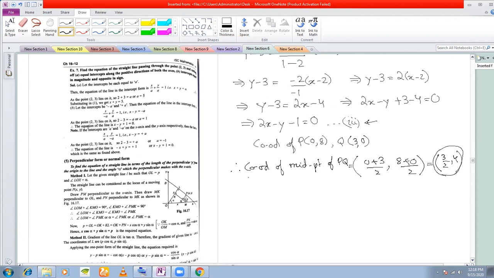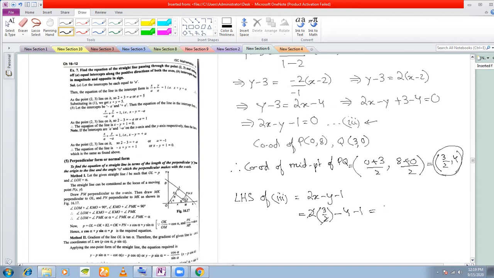We'll put it in the LHS of this equation 3 and check whether we are getting 0 or not. So LHS of 3 is equal to 2x minus y minus 1. So twice x is 3 by 2, y is 4, minus 1.